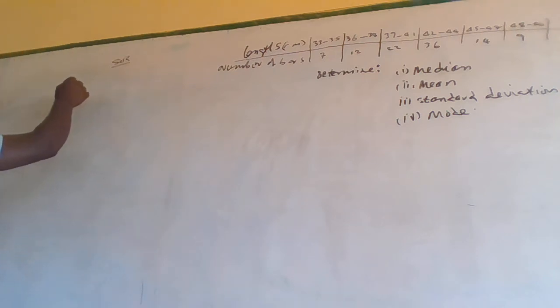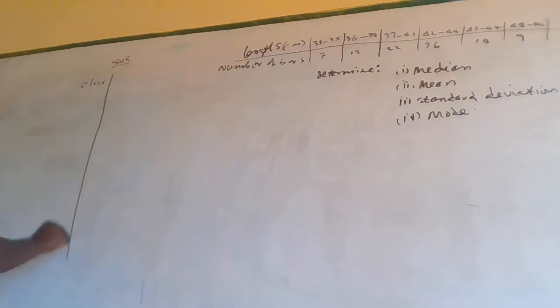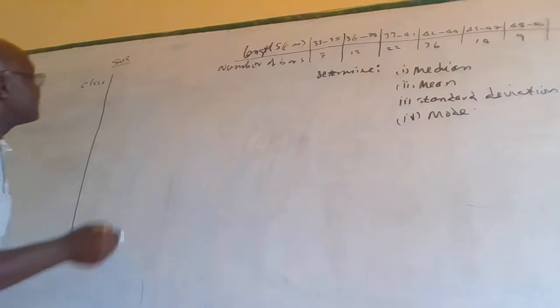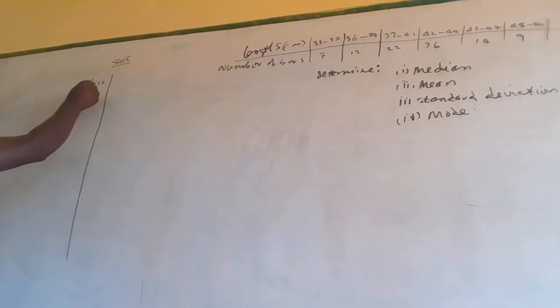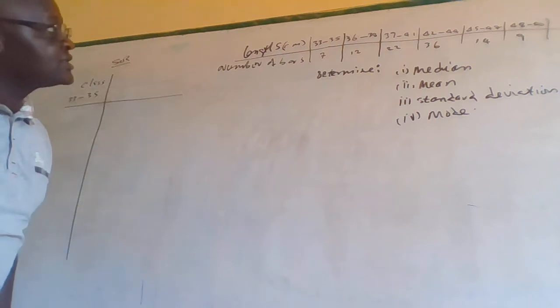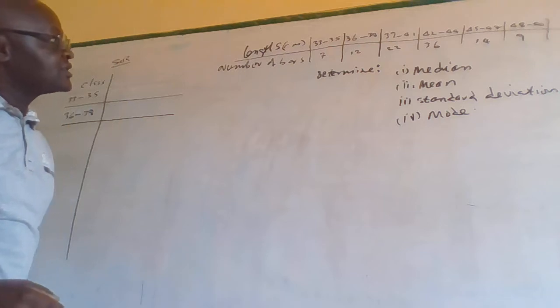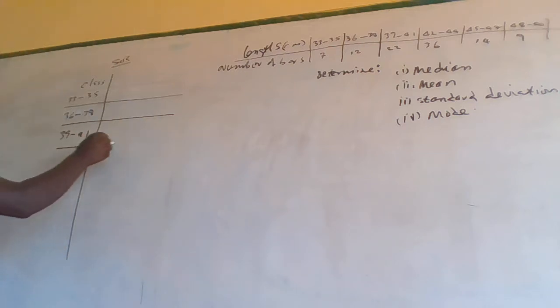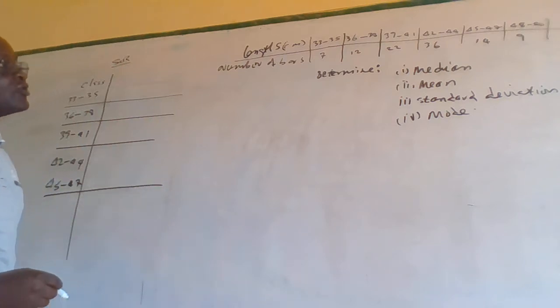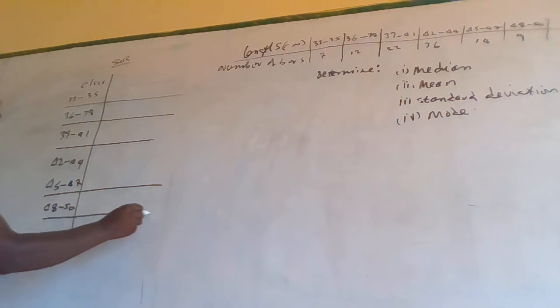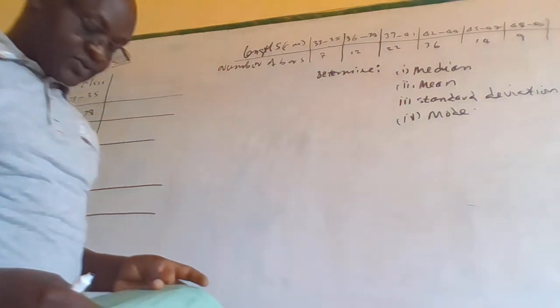So we shall have class, and then in the classes we have 33 to 35, 36 to 38, 39 to 41, 42 to 44, 45 to 47, then 48 to 50. So those are the classes that we have.